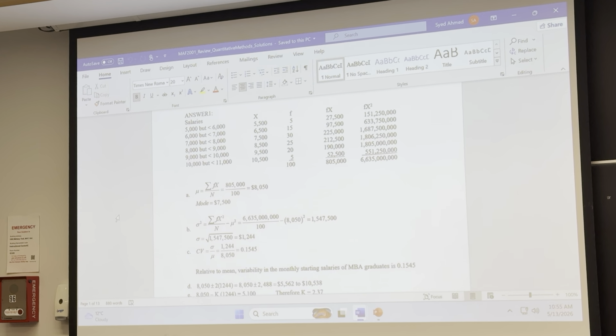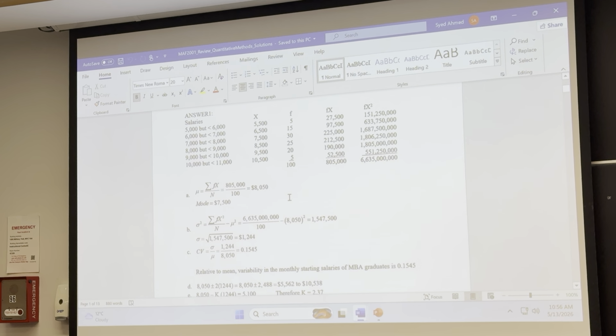So over here you have calculated all those square deviations and divide by a number of graduates, okay? So from each x value you are going to be subtracting the mean value, which is 8,050. So 5,500 minus 8,050 squared multiplied by 5, 6,500 minus 8,050 squared multiplied by 15, and you keep doing that and then divide the whole thing by 100.